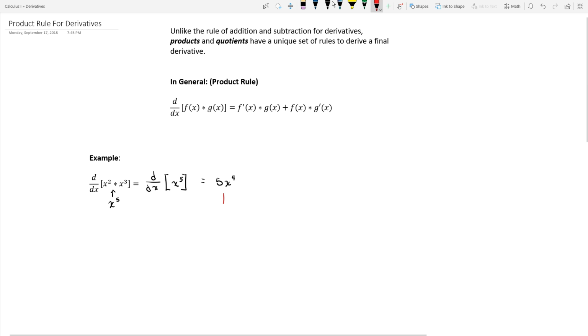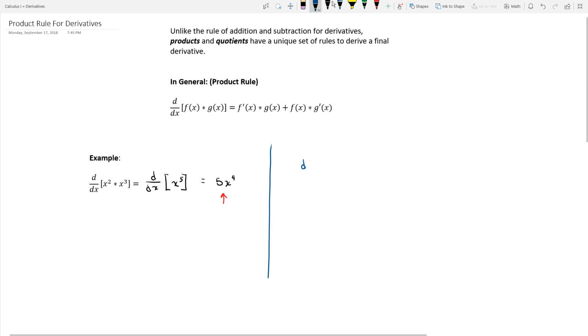So we know this to be true. And if that is true, and we try to use the same rules of addition and subtraction, where we break these two variables apart that are being multiplied, and we try to use that rule to find separate derivatives, we end up with something quite different.